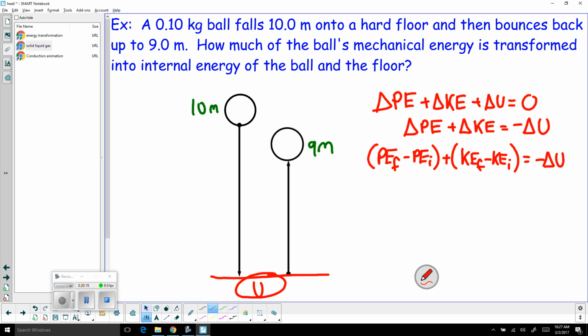So my final potential energy is going to be the mass of the ball times gravity times my second height. My initial potential energy is going to be mass times gravity times my initial height.